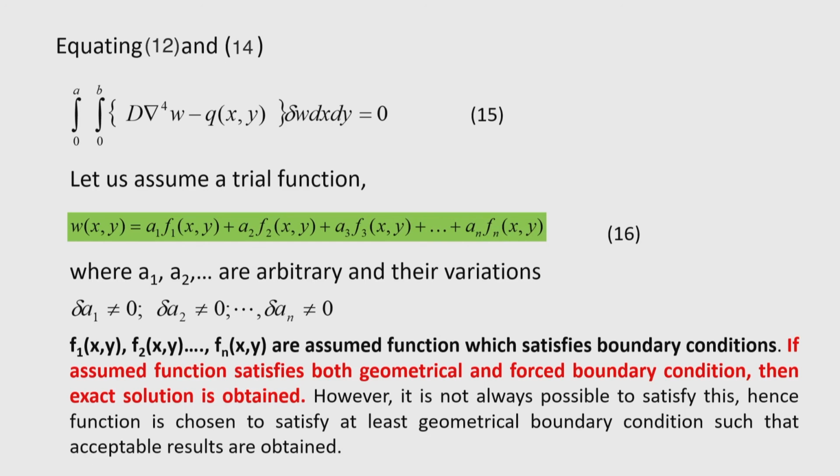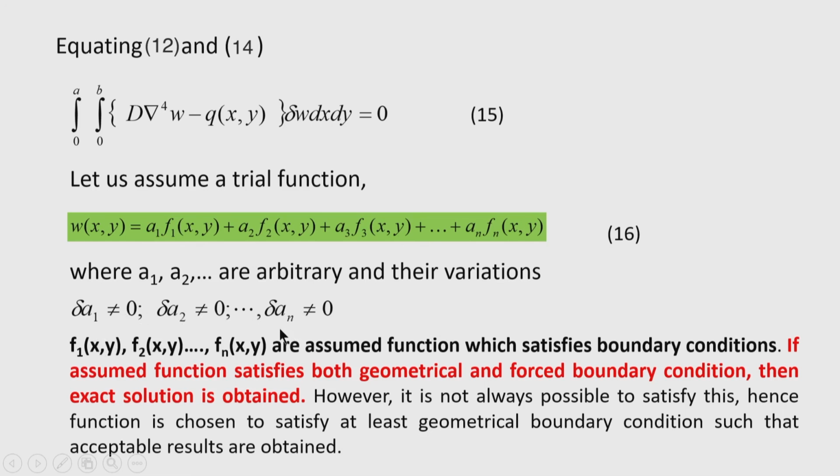Okay. Now, in this expression a1, a2, a3 etcetera are the arbitrary constants, and delta a1, delta a2 up to delta an are their arbitrary variations, and these are non-zero quantities.